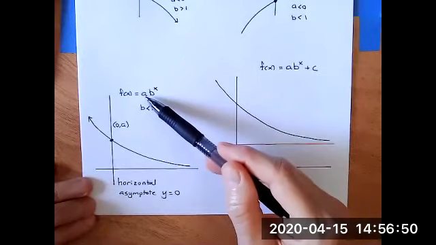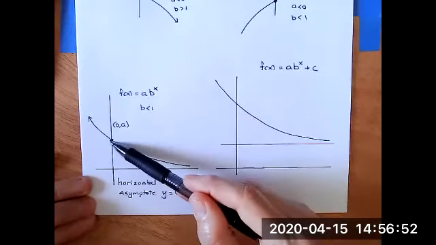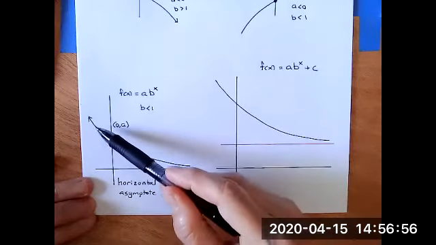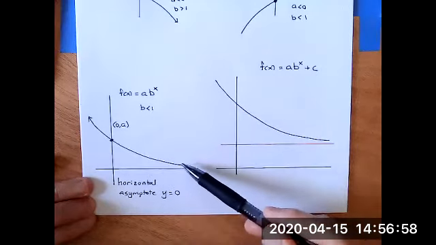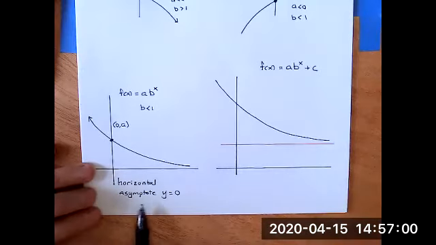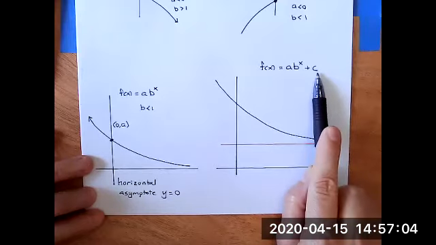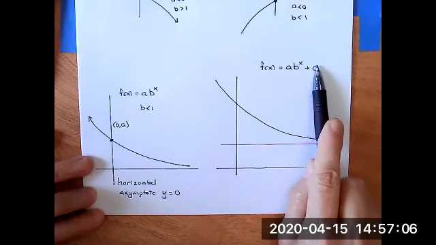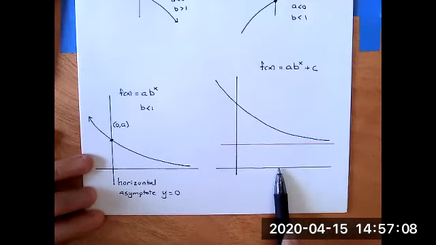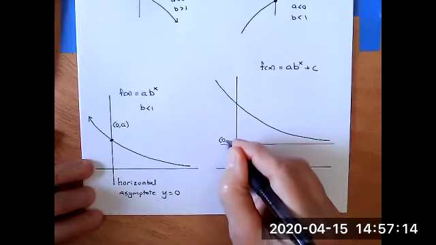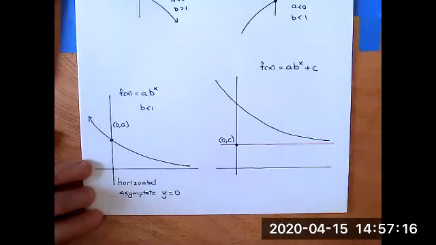So if your initial value is positive, that's your y-intercept, b is less than 1, you get a decreasing concave up function with a horizontal asymptote of 0. If you were to add c, a positive constant, that would shift the entire graph up c units.